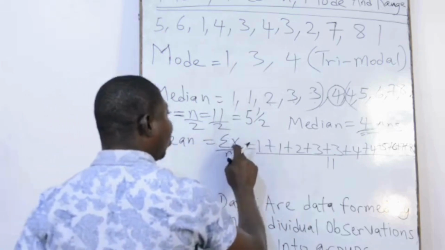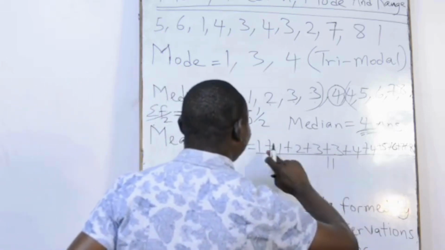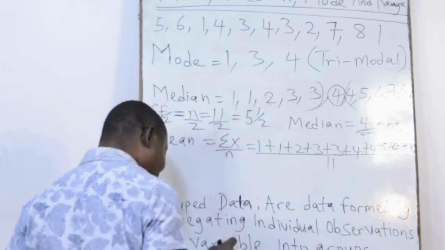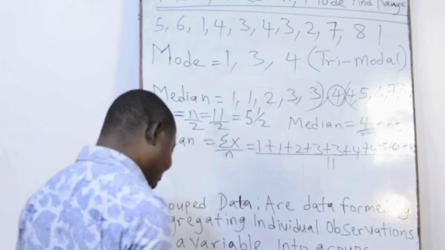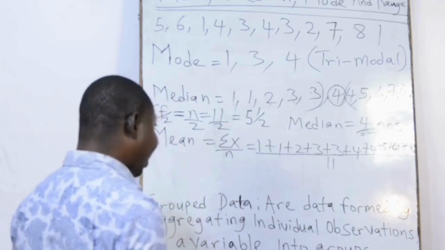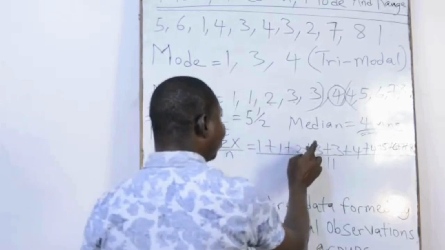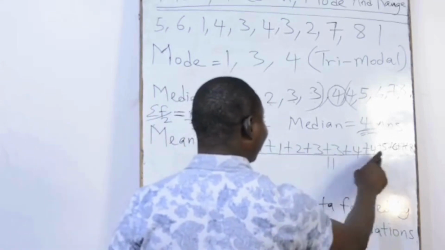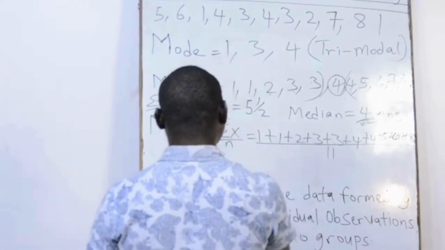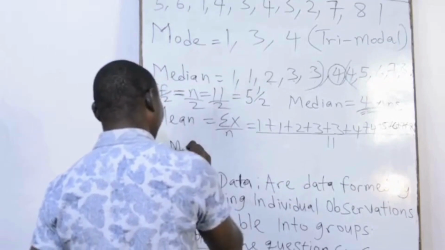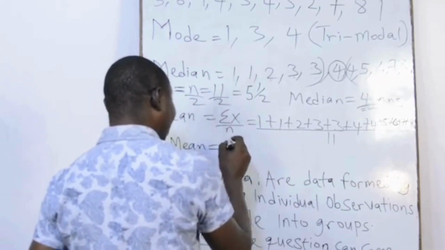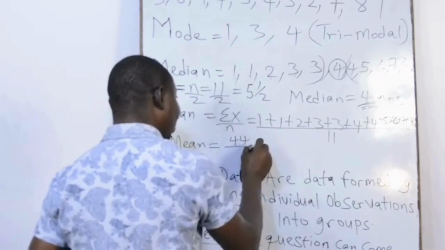This one is summation of x, the addition of x. If we add everything together, it will give us 44.